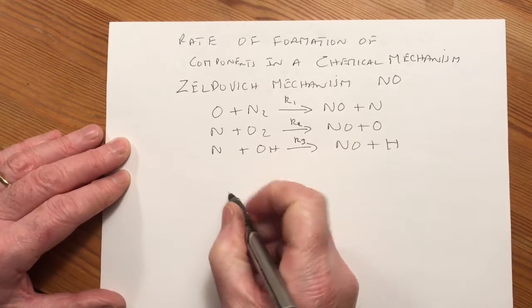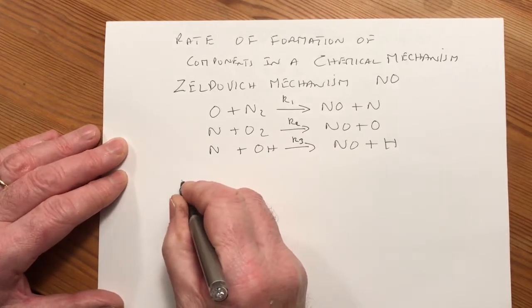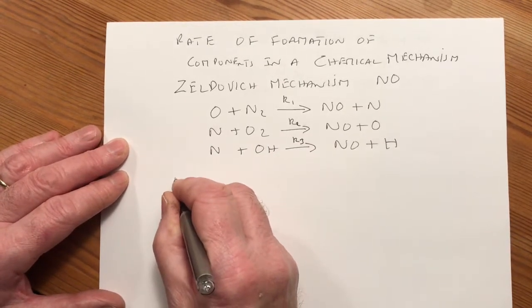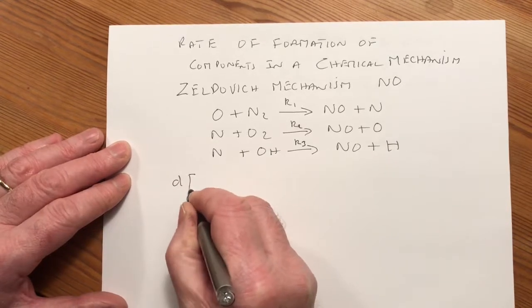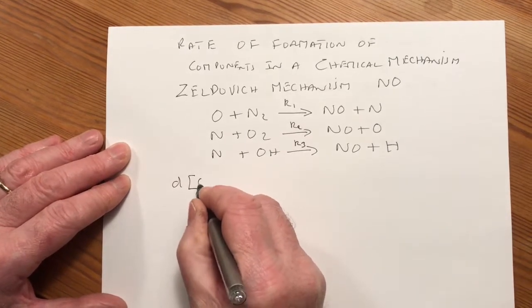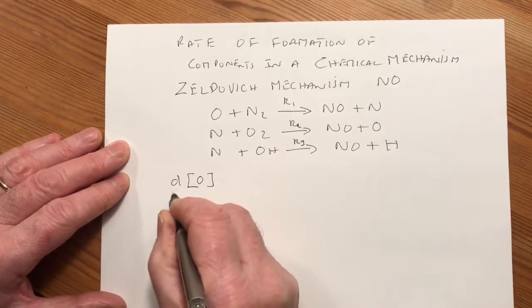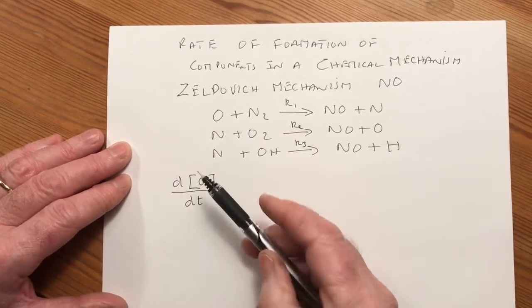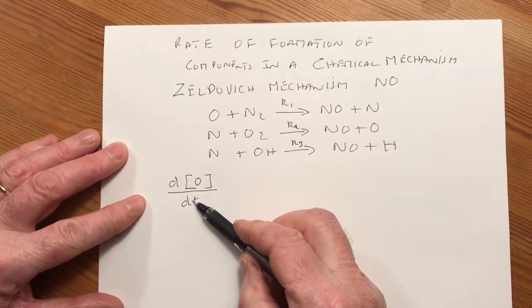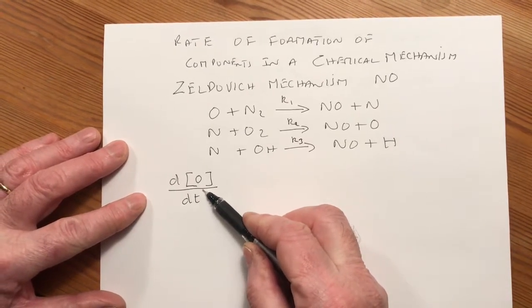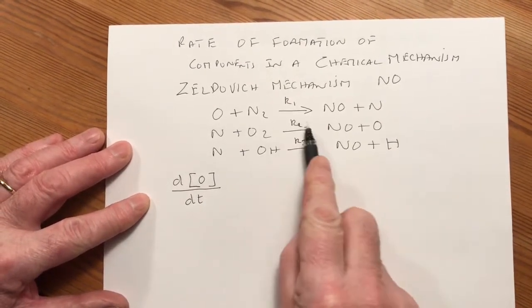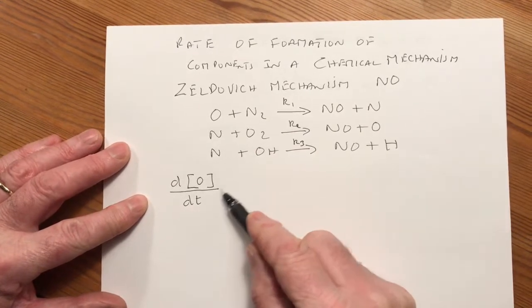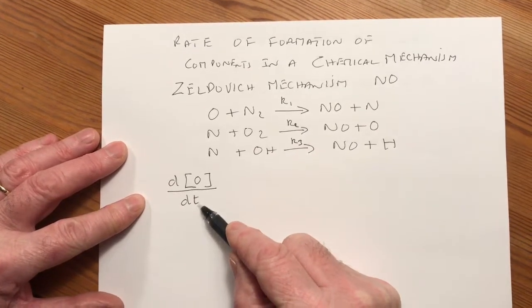Now, what we want to try to find is d[O]/dt. We want to find the rate of formation or destruction of each of these components over time.